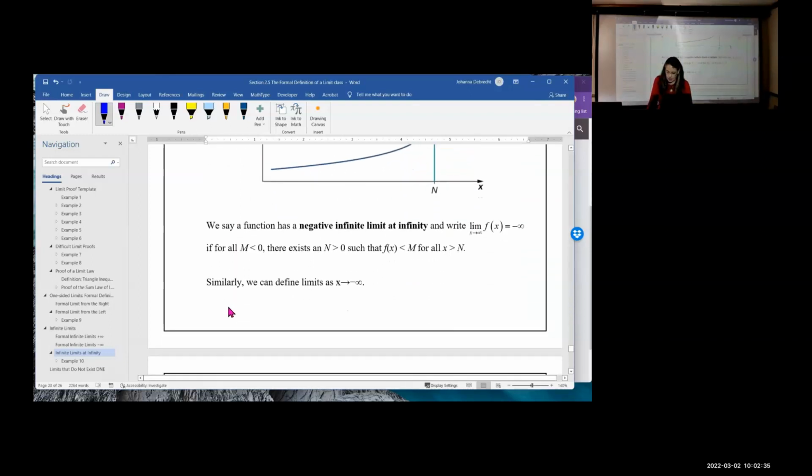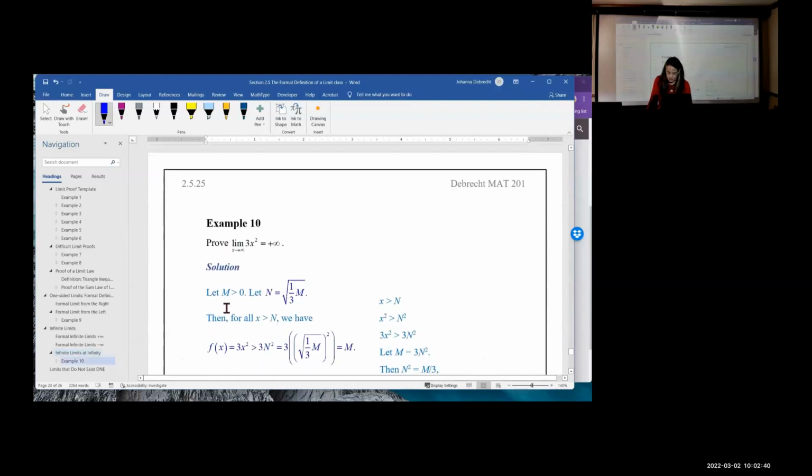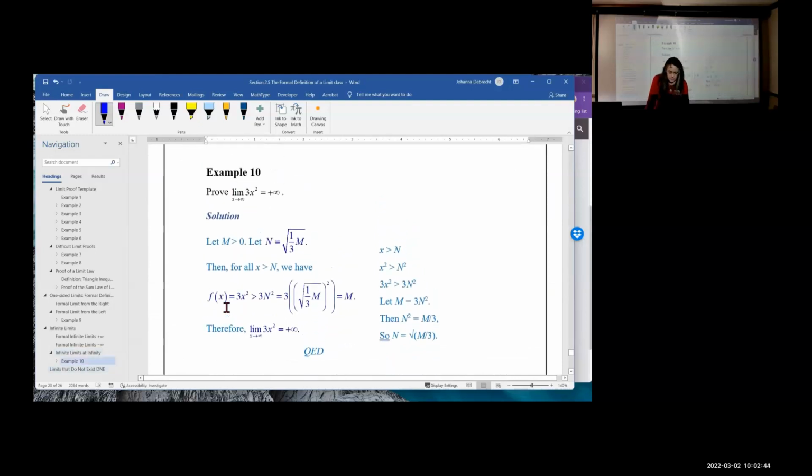And then we can say the similar thing for approaching negative infinity.